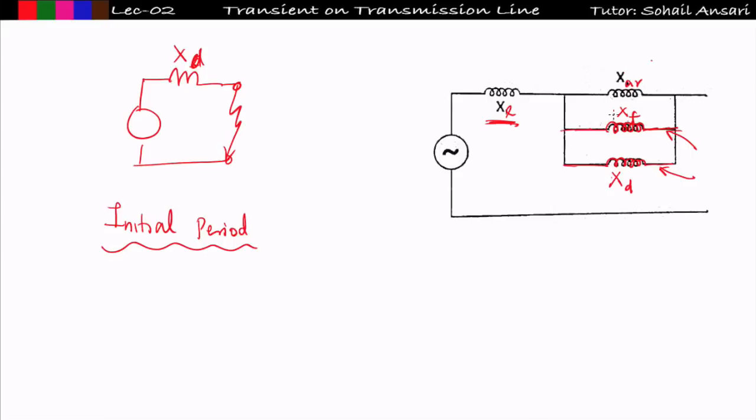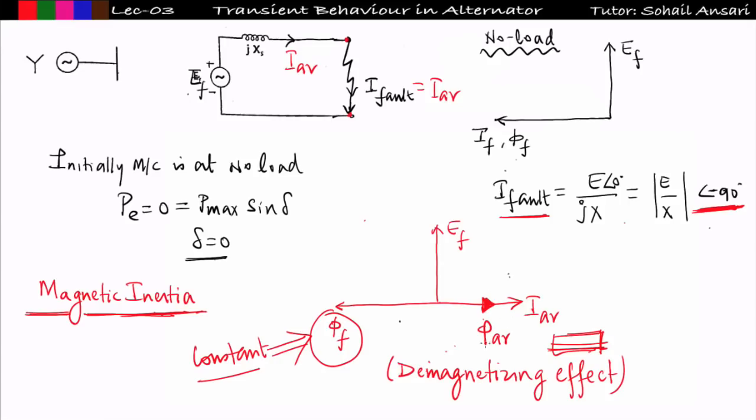Now this XF is the field reactance, and the damper winding reactance, having flux opposite to this armature flux. Why? Because this armature flux is trying to decrease the field flux. So some extra flux is produced to keep the field flux constant; that is the flux produced by the damper winding and the field winding.